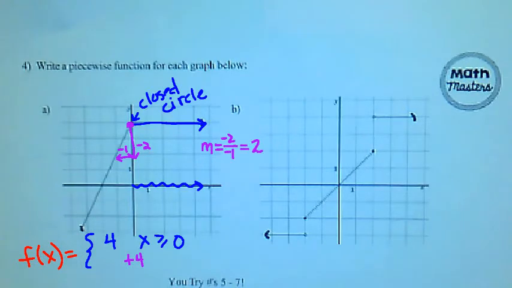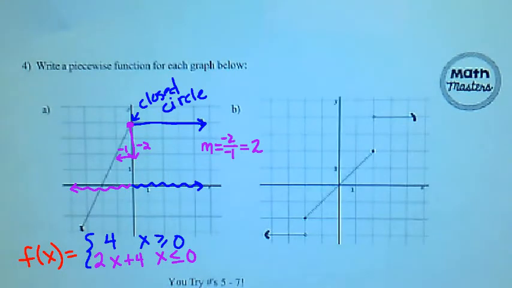So 2x plus 4 when x is less than or equal to 0. Again, it's a closed circle, so if I'm going less than, it would be going that way. That would be your final answer. That's what it looks like.